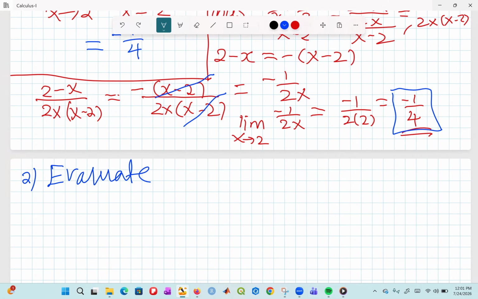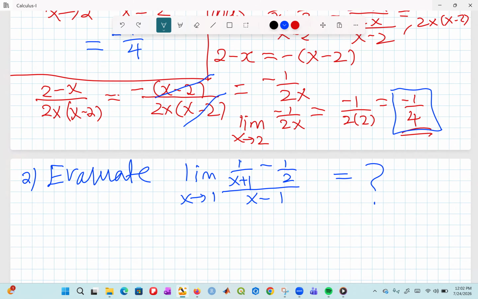Evaluate the limit of 1 over x plus 1 minus 1 over 2, all over x minus 1, as x goes to 1. Write your answers in the comment section.